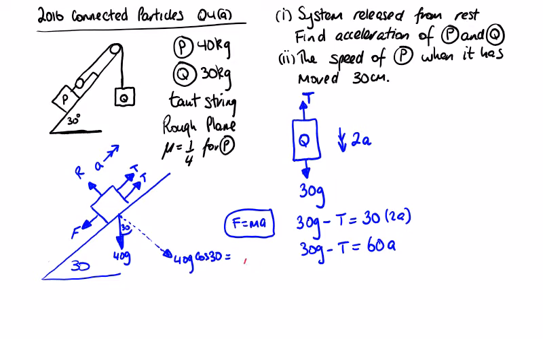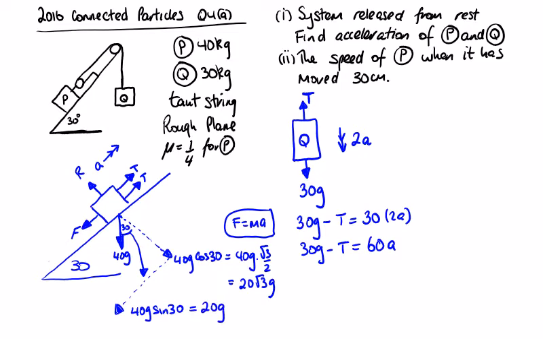Probably don't skip a stage, maybe 40G by root 3/2. Sometimes it's just easier to see it when you do it this way. So we're going to get 20 root 3G. Just trying to eliminate error without going too quickly. And opposite 30 is my sine. So 40G by the sine of 30, and the sine of 30 is 1/2, so it's just 20G.